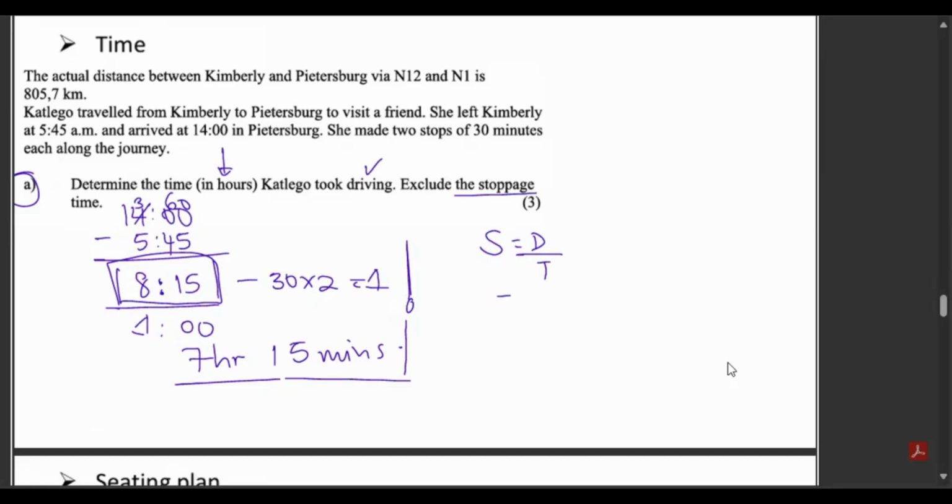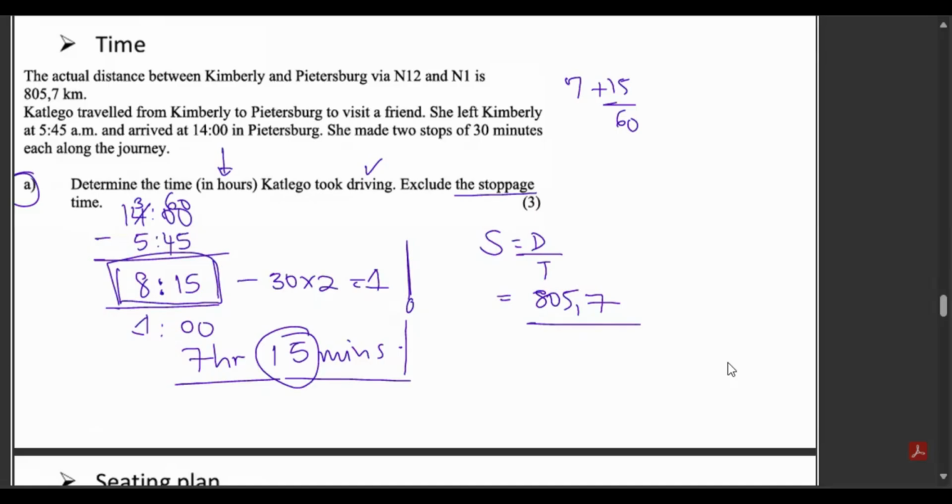So this is already 805, divided by the time. Now in this scenario here, this is a time. We change the minutes to hours. So it will become 7 plus 15 over 60.